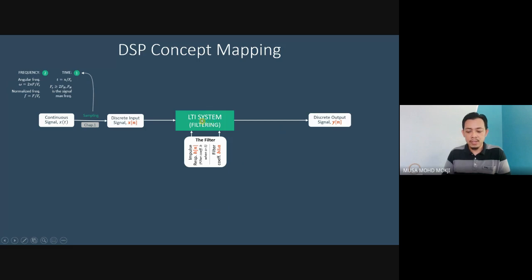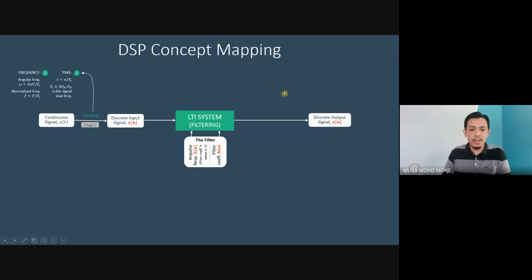Because this is an LTI system, our system can be represented by two things. One is the equation relating the input and output. So you have input, output, then you have an equation, y[n] equals x[n] something. But we have another option.